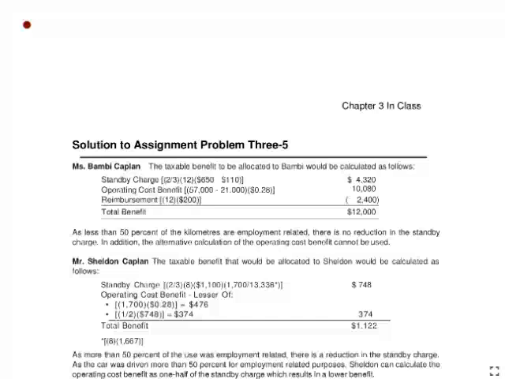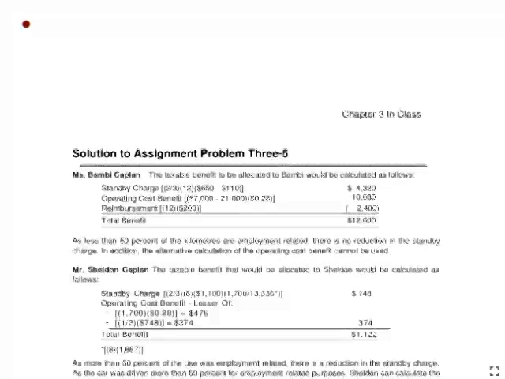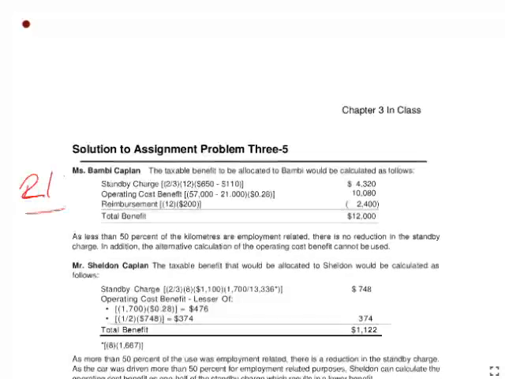The very first thing I would do in this question, so that I know which direction I'm going, is take the 21,000 and divide it by 57,000. I just did that, and it rounds to 37%. So the employment related usage is at 37%.